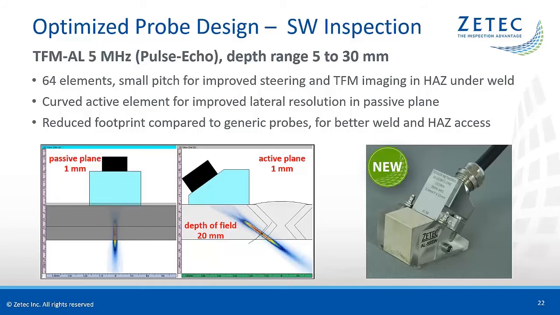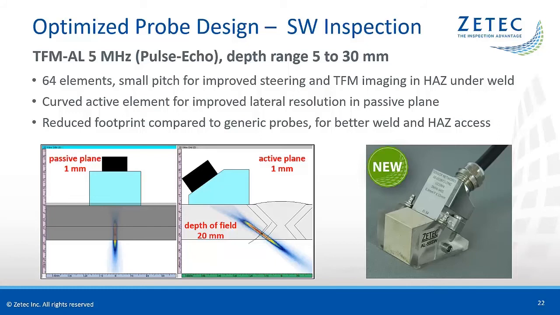Also, the active element is curved in the passive direction for better focusing and improved lateral resolution. As shown in the acoustic beam simulation, this results in a focal spot size as small as 1 by 1 millimeter, and therefore an important increase of the acoustic energy concentrated on small flaws and a better signal-to-noise ratio.